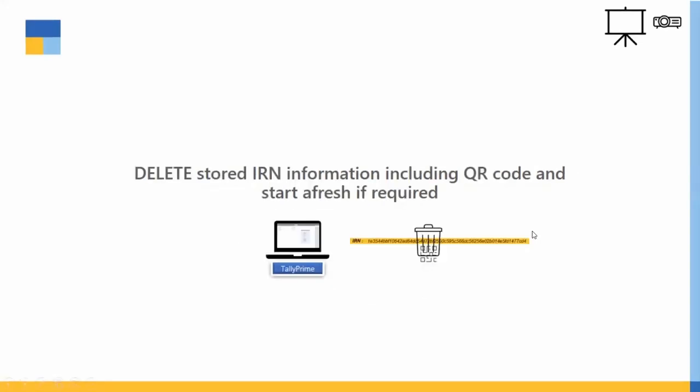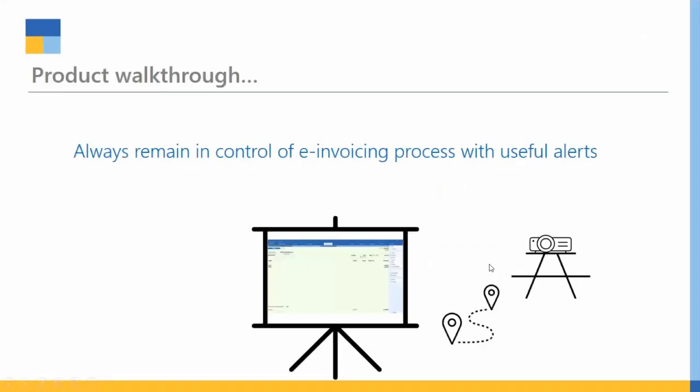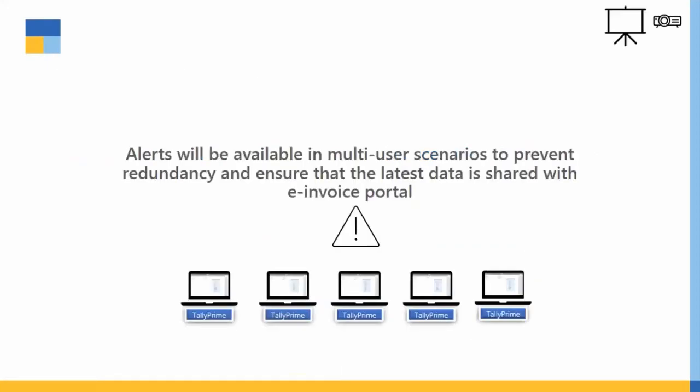We have already seen how to delete the IRN stored within more information. So finally, always remain in control of the e-invoicing process. There are fantastic alerts which are coming up. The important part is that whether it is a multi-user version or a single user version of Tally you are using, you are in control of the entire environment.